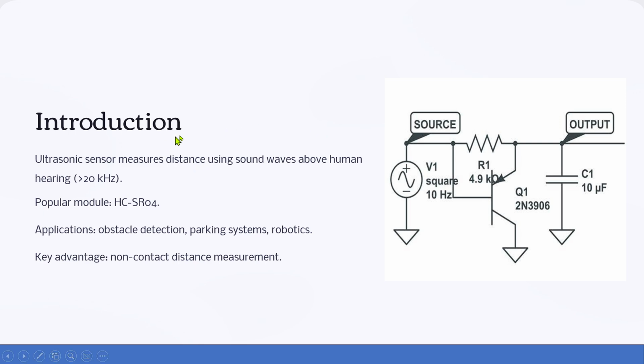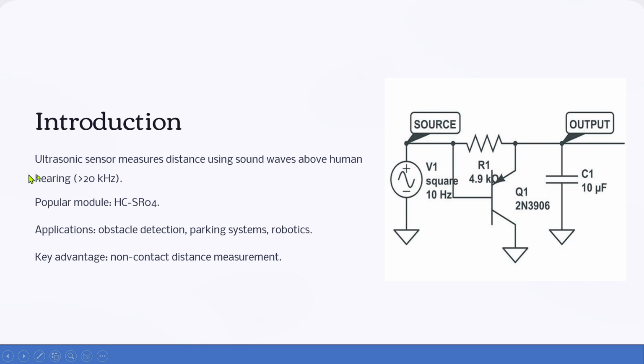The sound waves it uses are above 20 kilohertz, which is not audible to humans. So when the sound wave is created using this sensor, we are unable to hear it because the frequency is above 20 kilohertz.